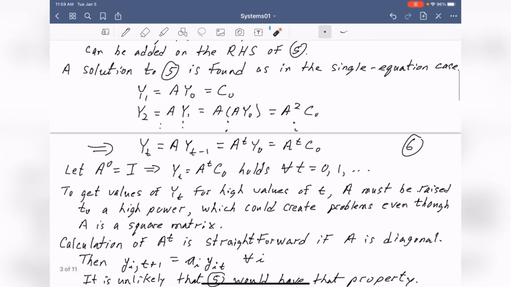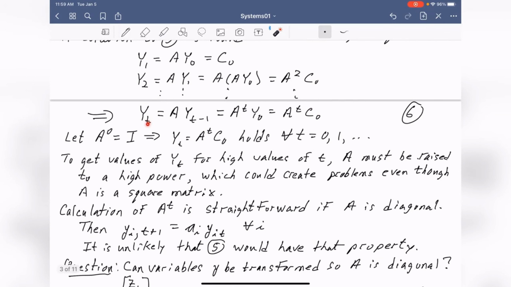For the general case at any given time t, Y(t) = A Y(t-1) = A to the power t times Y0, which is A to the power t times c0, where c0 is distinguished from Y0 in that Y has to be determined, whereas c0 refers to the initial conditions.